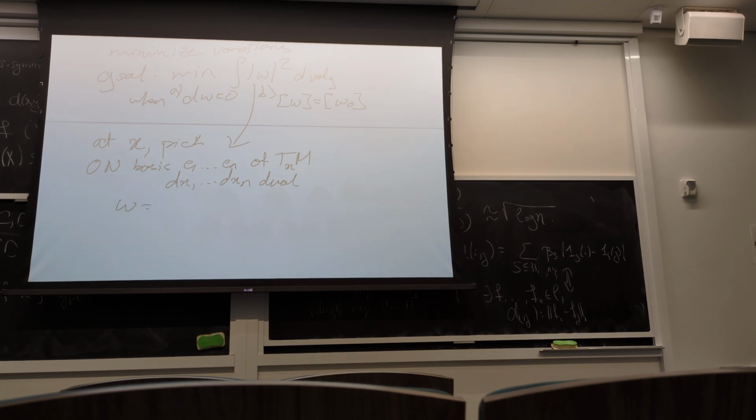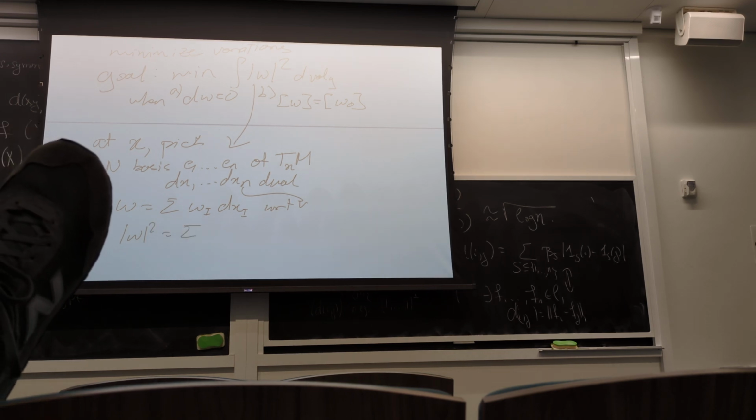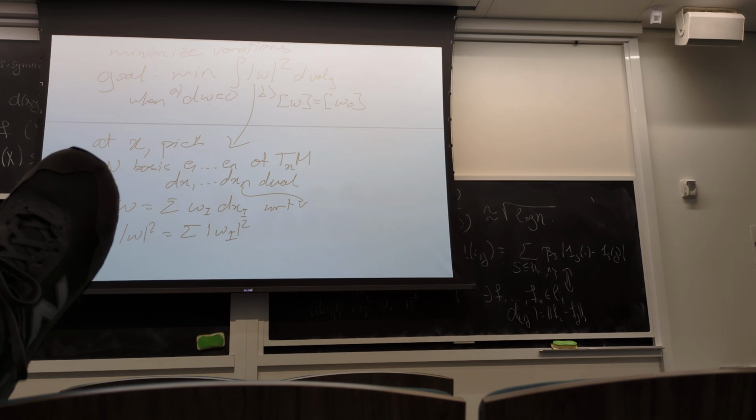If you write omega as the sum of omega_I dx_I with respect to this basis, then the norm of omega squared is equal to the sum of the norm of omega_I squared. So this is how we're defining the norm. Seems like a reasonable thing to do. And recall, in order to do this, we need an orthonormal basis, which requires the use of the metric.